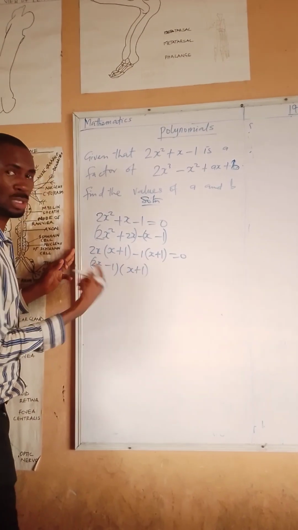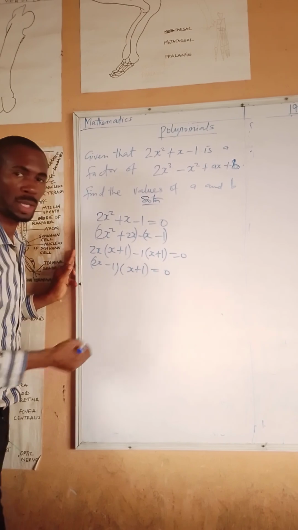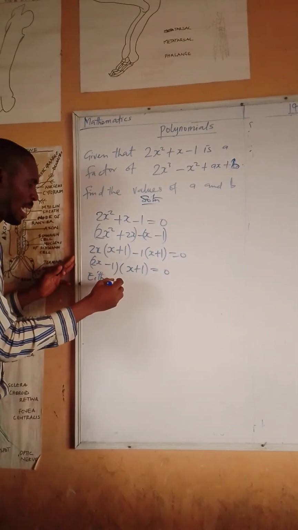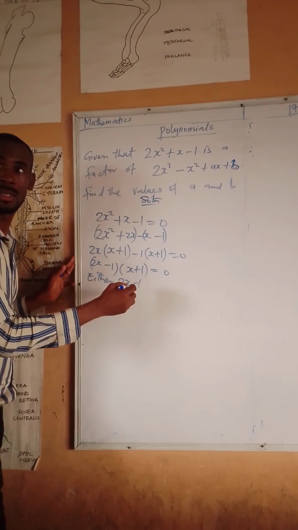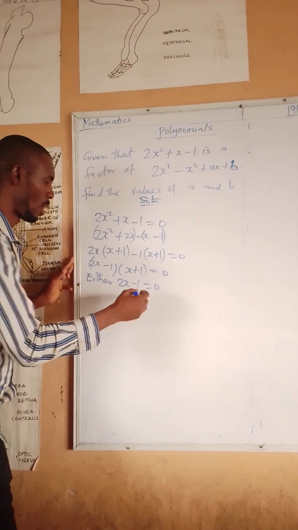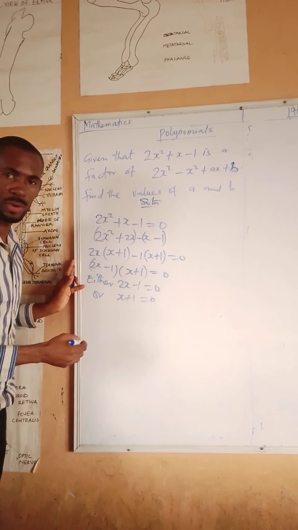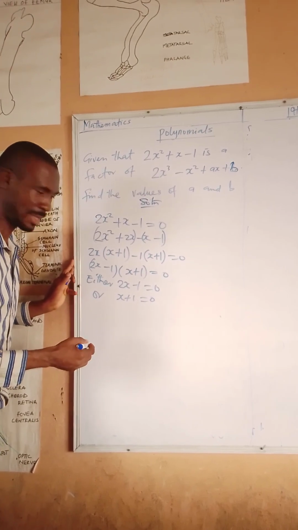Since these are factors, take each one of them equal to 0. So either 2s minus 1 equals 0, or s plus 1 equals 0. Viewers, I know you are following. Thank you so much.